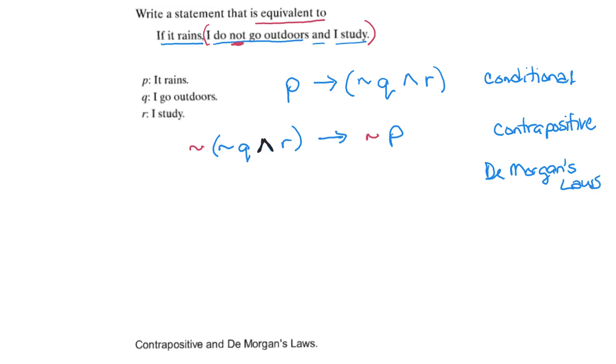All right, so what we need to do is focus on the antecedent only. We are going to change the conjunction into a disjunction.